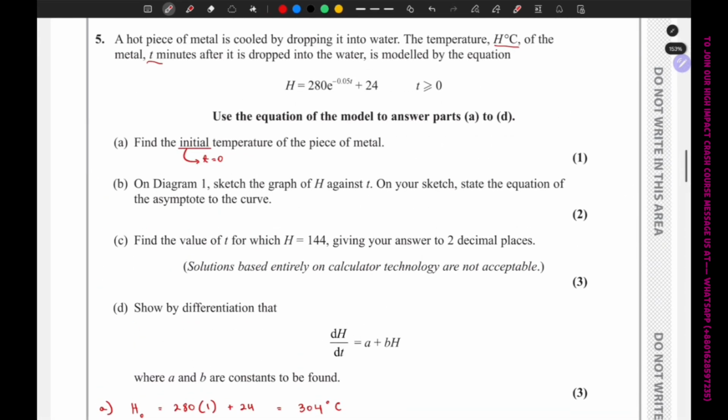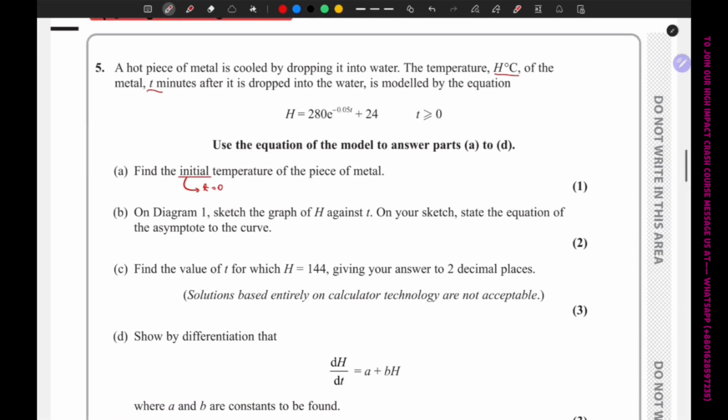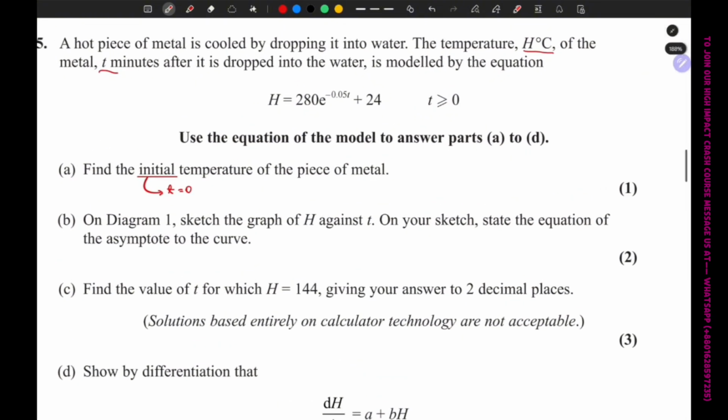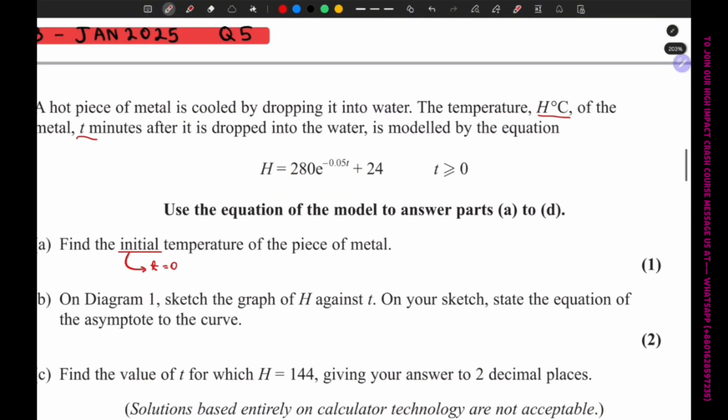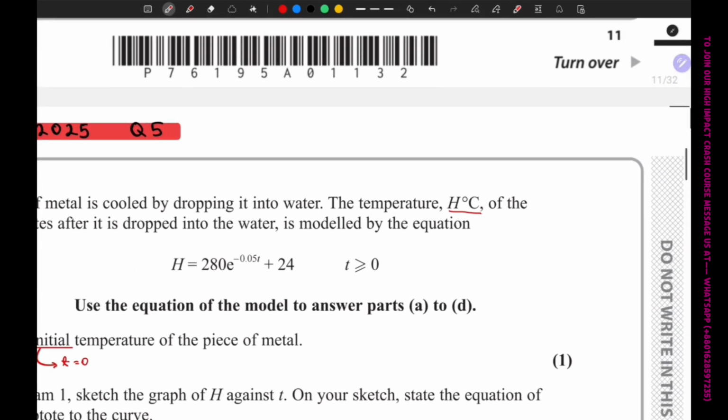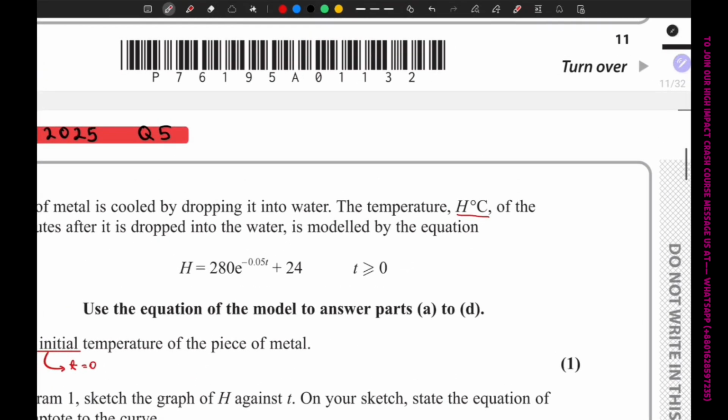Okay. Now for the second part, we need to sketch the graph of H against T. Now as you can see, this is an e to the power -x graph. So let's first consider the shape of the graph.